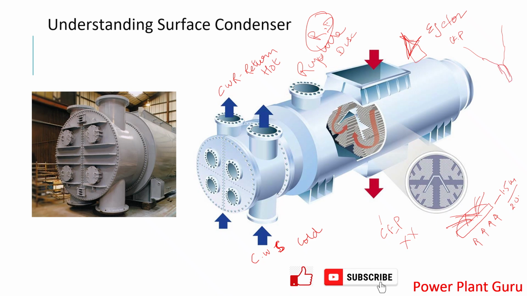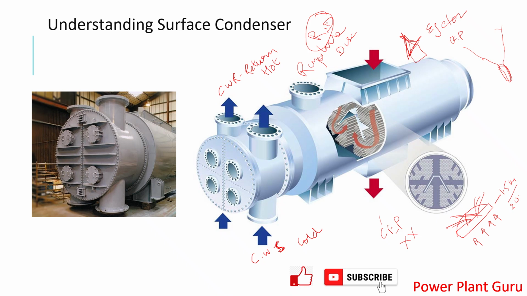The volume is reducing, then what will happen? It will try to reduce the space which is occupied by steam, and then you will have negative pressure also coming up. That is how the vacuum is established and continued in the condenser.